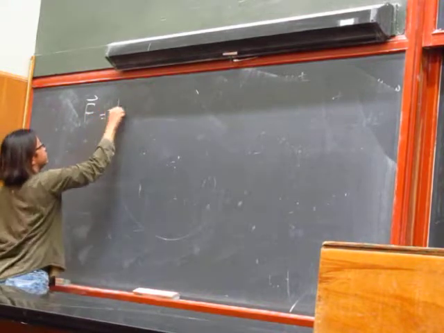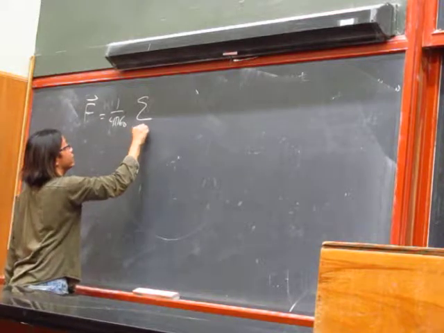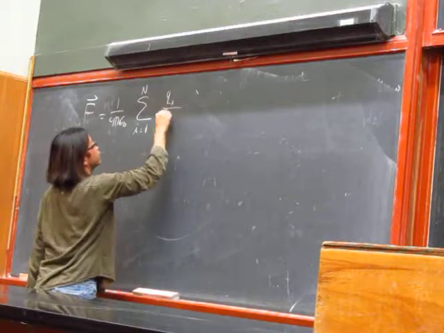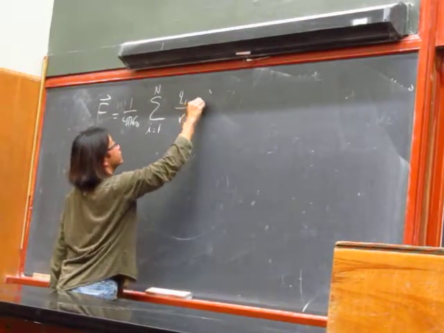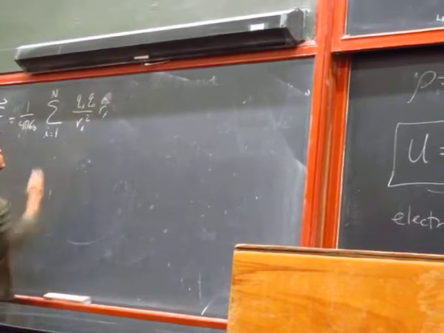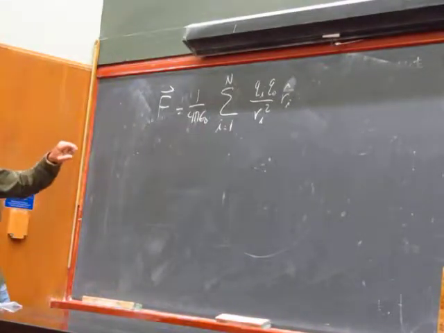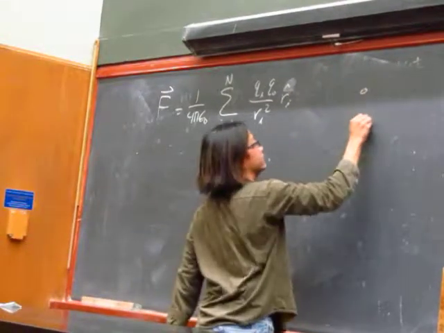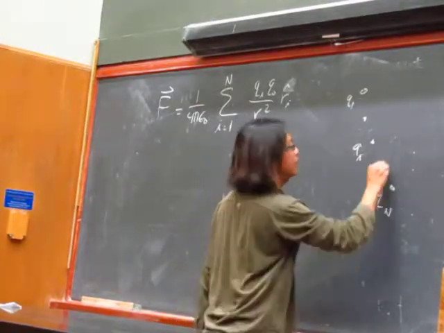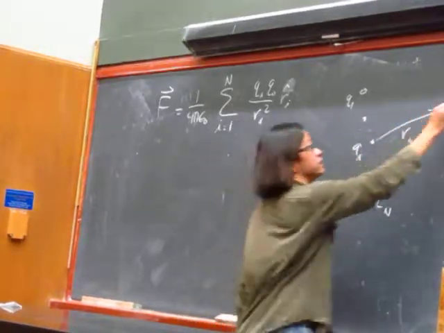The total F is 1 over 4 pi epsilon naught, sum over i from 1 to n of Qi over Ri squared in the direction of Ri, times Q naught, just like Q1, Qi, Qn, and there's a total force.